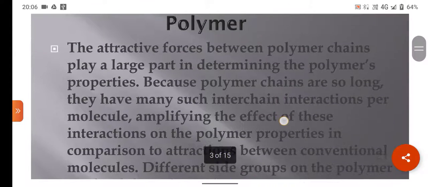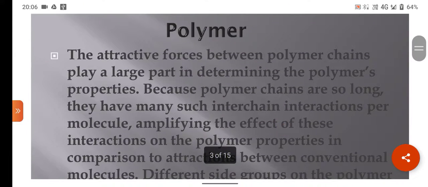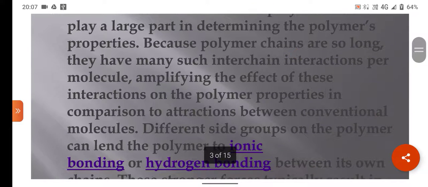Polymer. The attractive forces between polymer chains play a large part in determining the polymer's properties. Because polymer chains are so long, they have many such interchain interactions per molecule, amplifying the effect of these interactions on the polymer properties in comparison to attractions between conventional molecules.